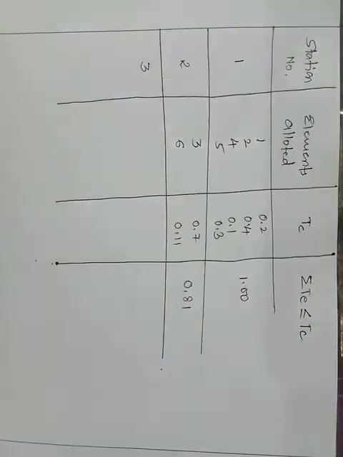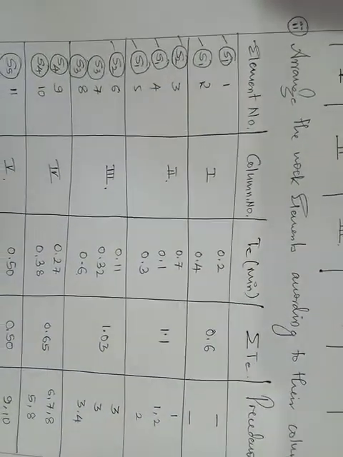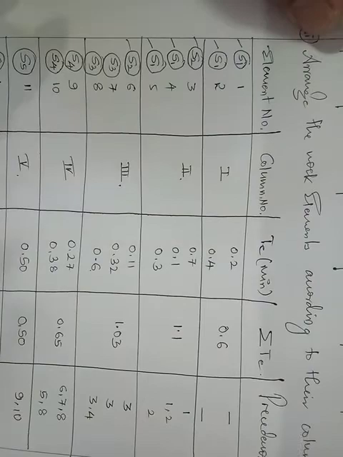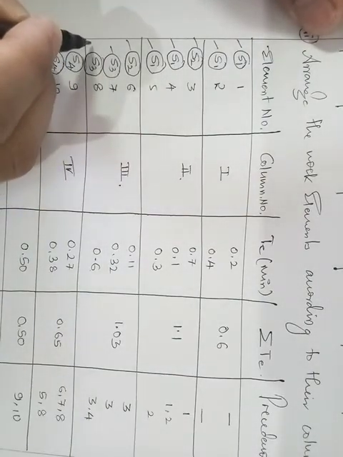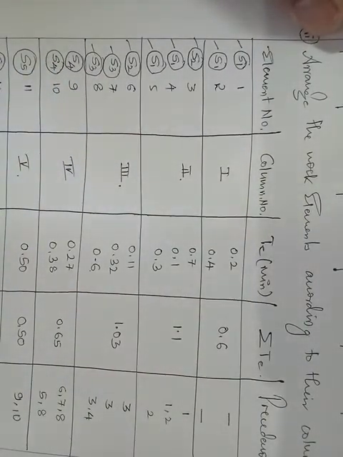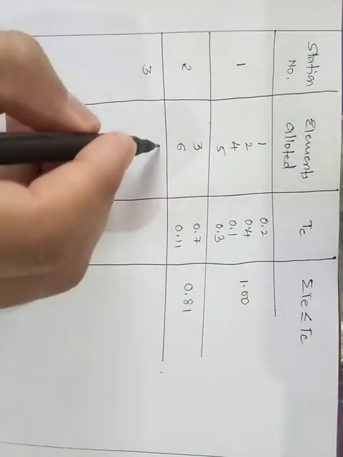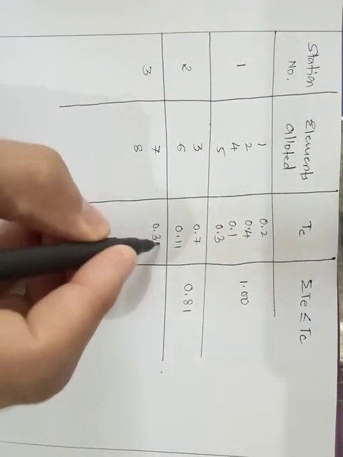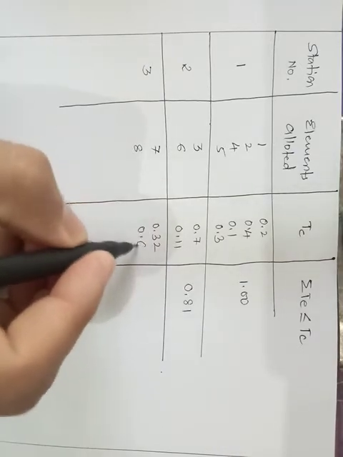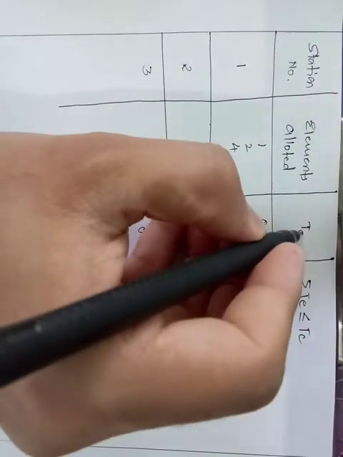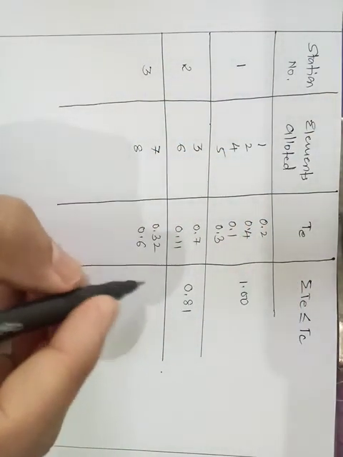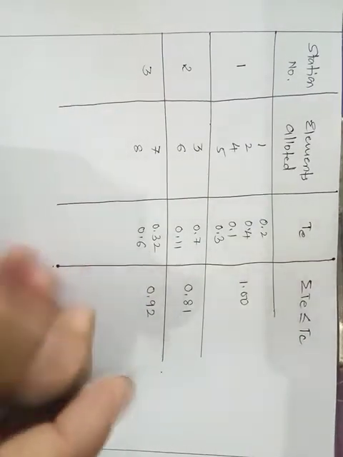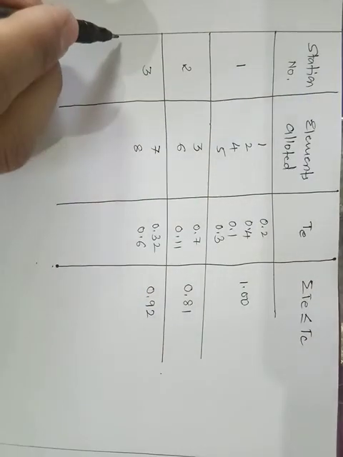Go for station 3. Once again, check where you get station 3. You have S3: 7 and 8. You have 0.32, 0.6, 0.92, which is once again less than 1.